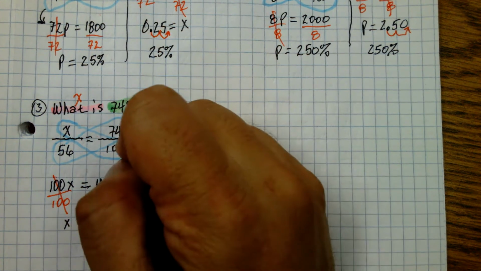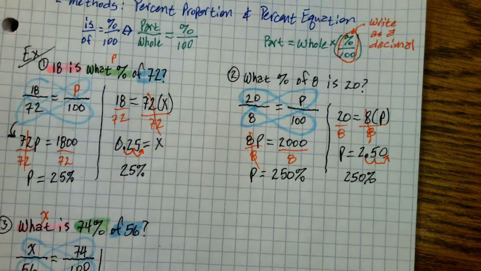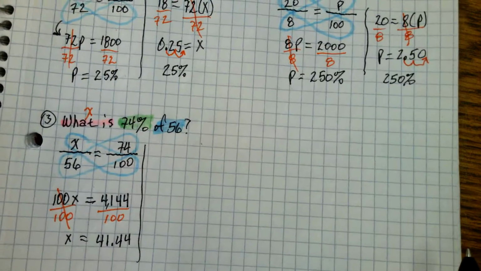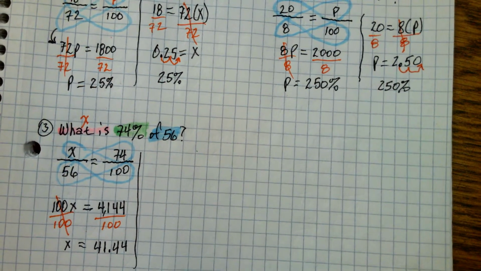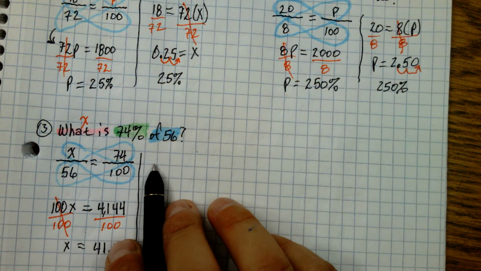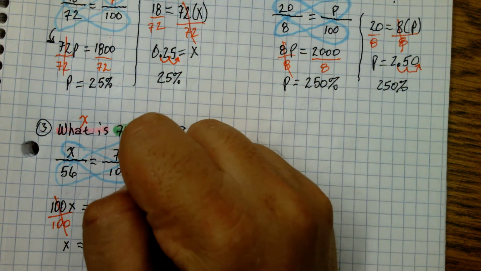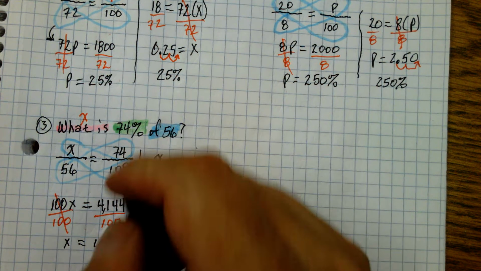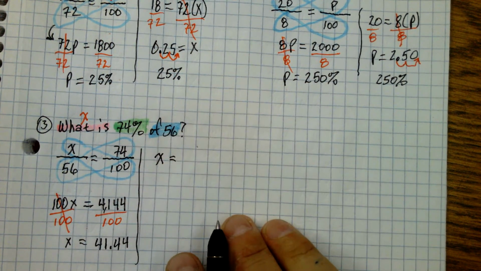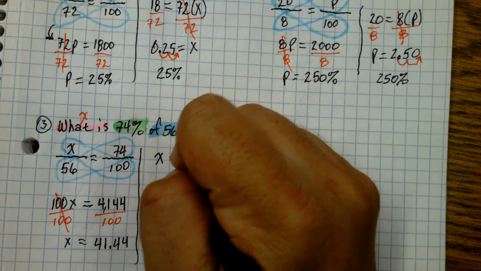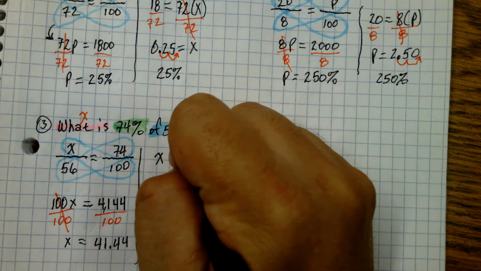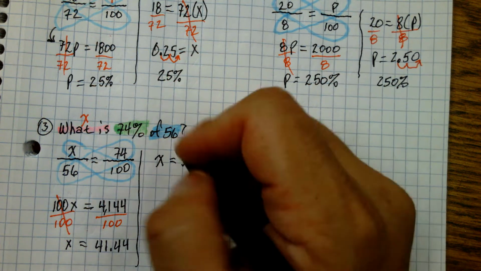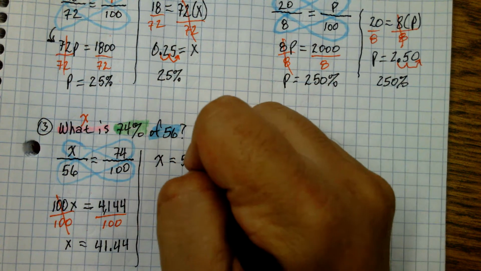Let's do the percent equation. So again, we want part equals whole times percent over 100, which just means write it as a decimal. So the part we don't know is the part equals 56 times our percent as a decimal would be what? 0.74.